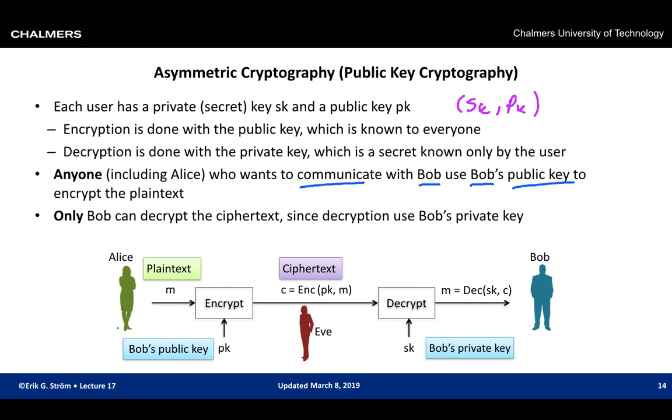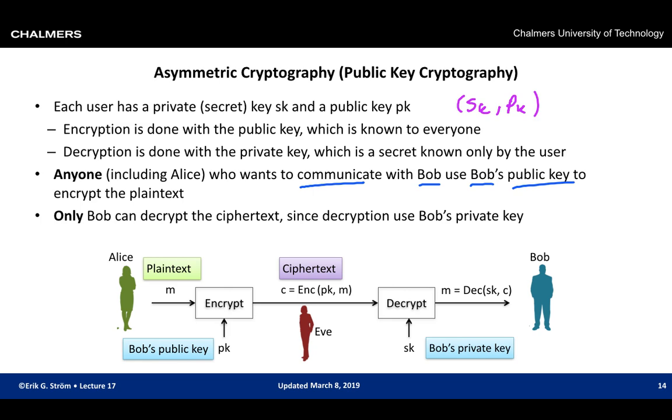We don't need to have a specific key for every possible pair of communicating entities. It's enough that Amazon has a public key that it makes available to everyone, for everyone to be able to communicate with the Amazon web server with confidentiality. Questions?